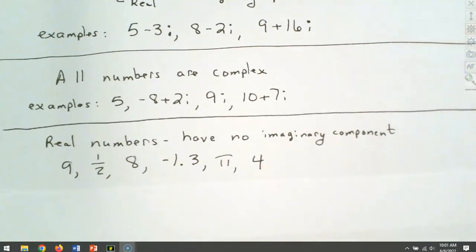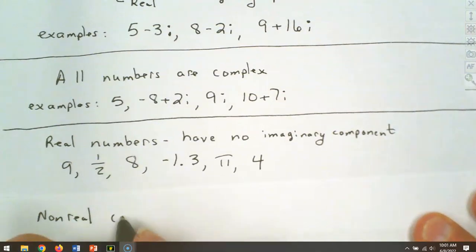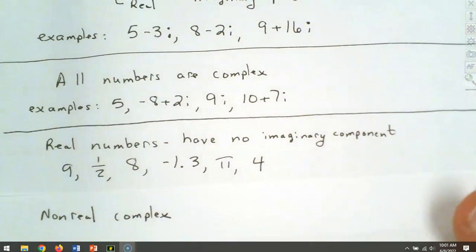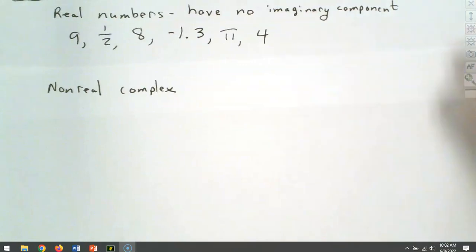If they're not real, we call them non-real complex. Non-real complex numbers have an imaginary part.